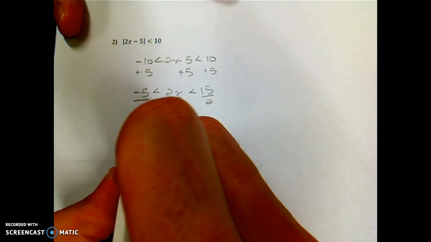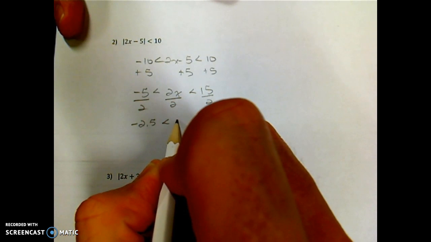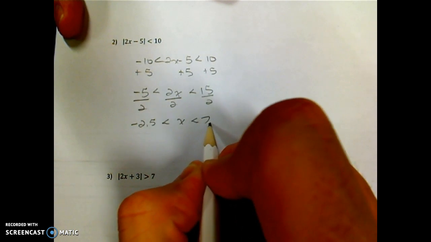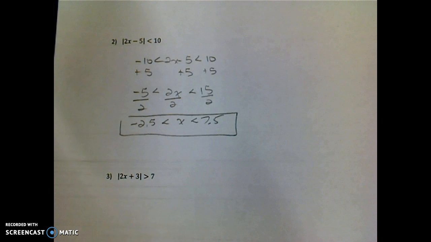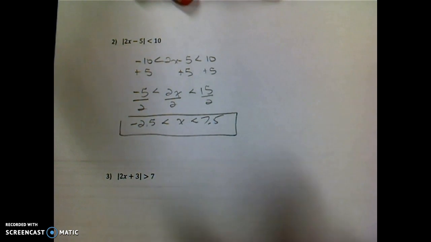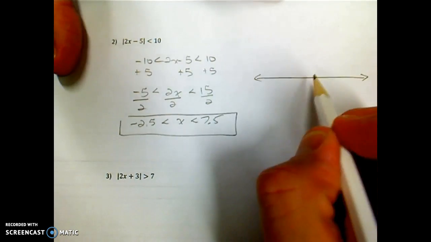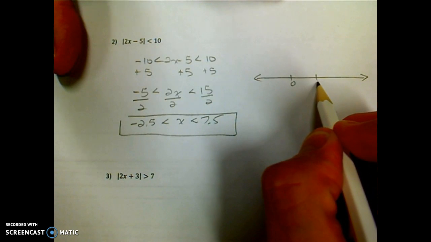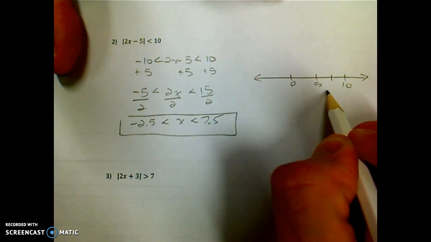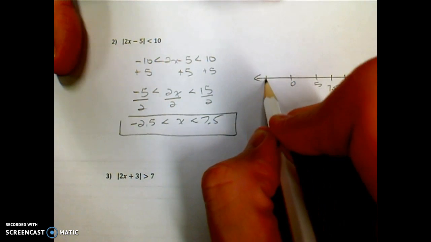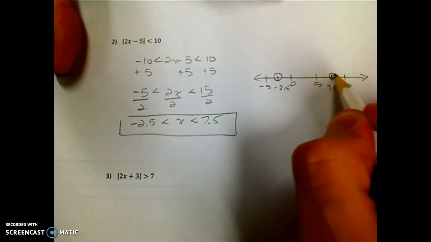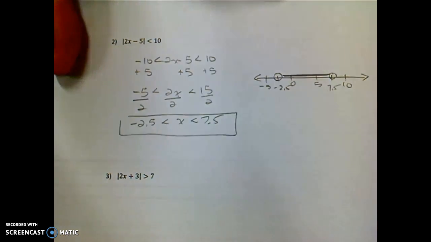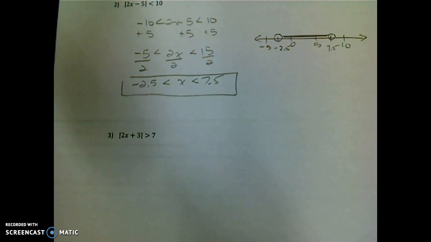Divide by 2. So negative 2.5 is less than x, which is less than 7.5. There's our number line, open circles on those, and we're looking for the values in between.